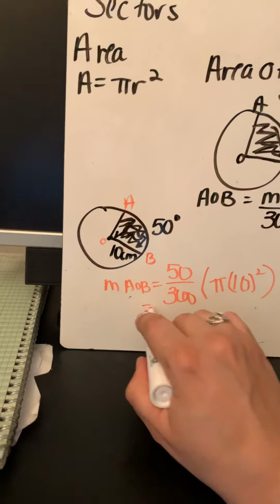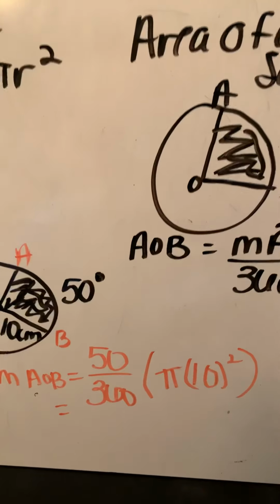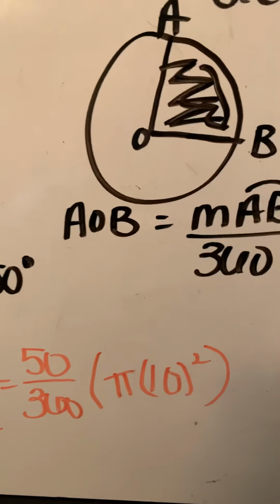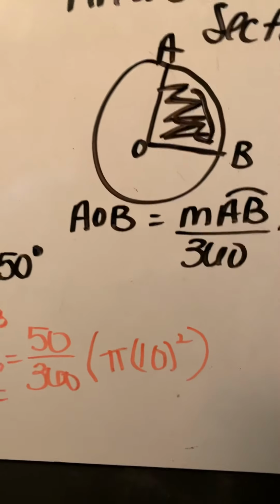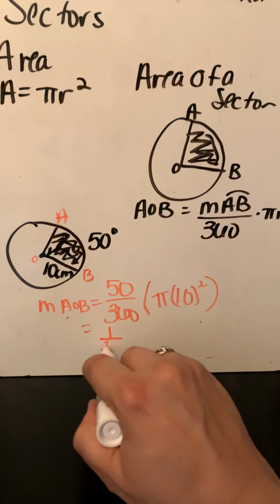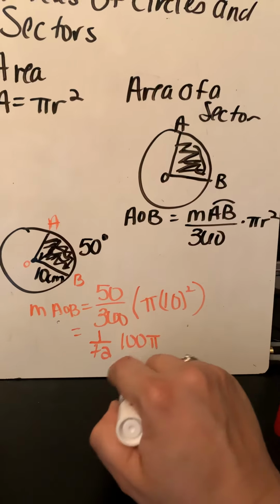Okay, so 50 over 360 reduced is 1 over 72. So this would be 1 over 72 times 100 pi.